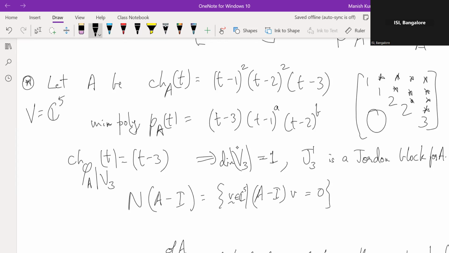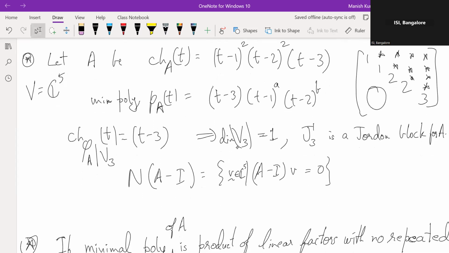This we know is going to be at least one-dimensional because 1 is an eigenvalue. So there are two possibilities: one-dimensional or two-dimensional. So how do you figure out the dimension of the null space of A minus I from the matrix?